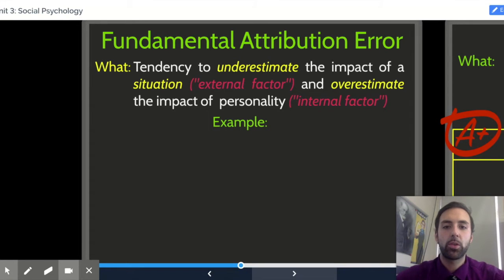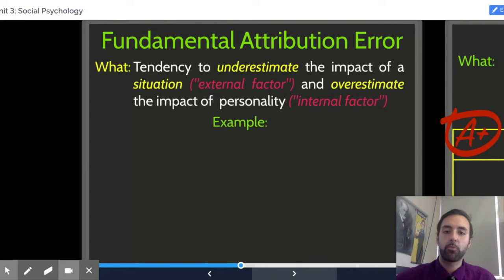And I imagine many of you can relate to this. I bet the way you act and the way you come across at work is very different than at school in the classroom, and very, very different at home around your family and friends. You can probably very much relate to the fact that how you behave is very much impacted by the situation. So when we look at the fundamental attribution error, we tend not to apply that same standard to other people. So if you see somebody at work and you think to yourself, this person is really abrasive and harsh, that's just their personality. They're a mean person.